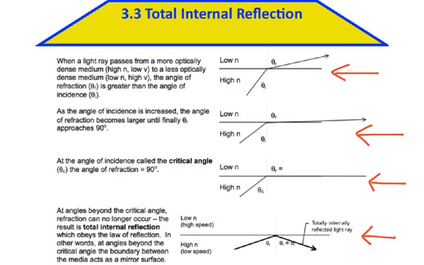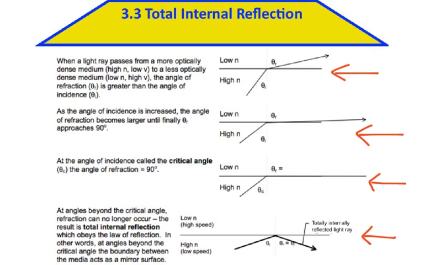If now in this last diagram we take that angle of incidence and we increase it even more, now we get the refracted ray actually being reflected inside of the first medium. Substances with the highest indexes of refraction have more instances of total internal reflection than others.